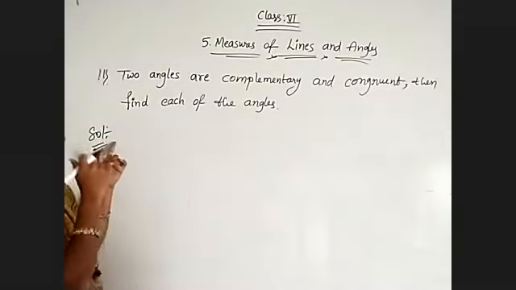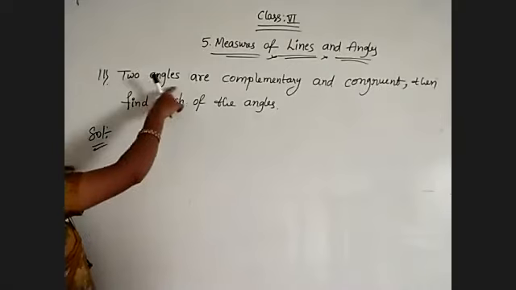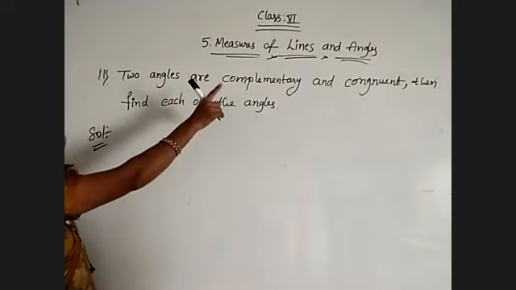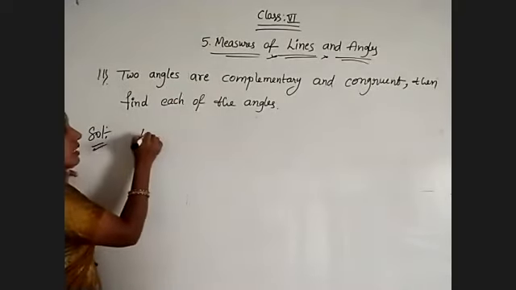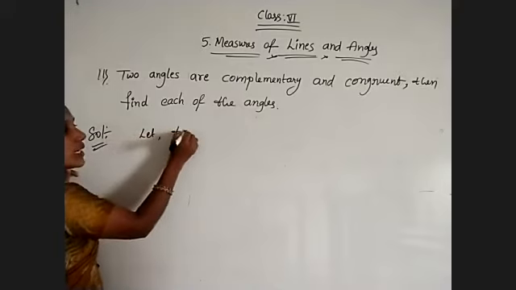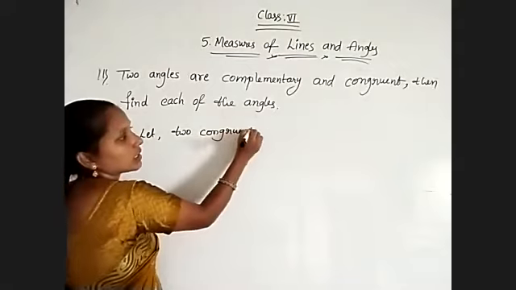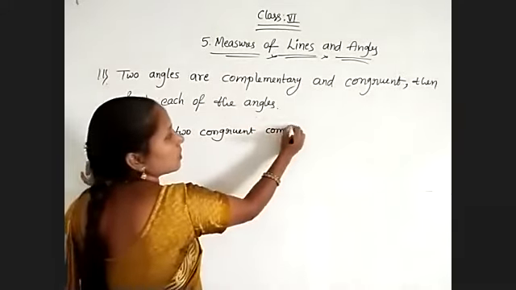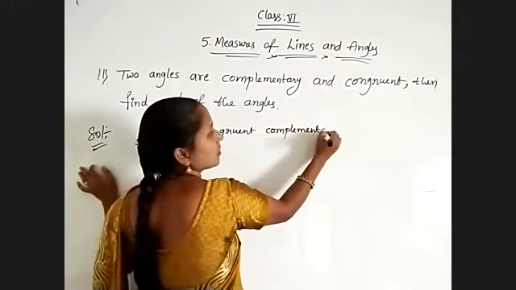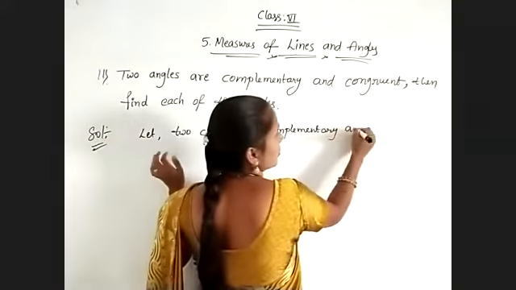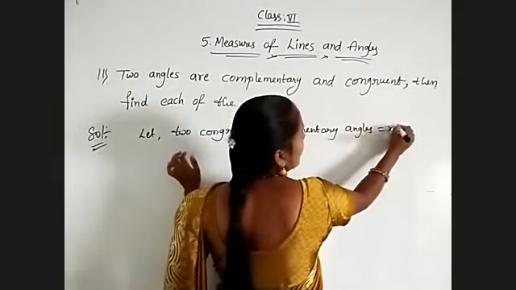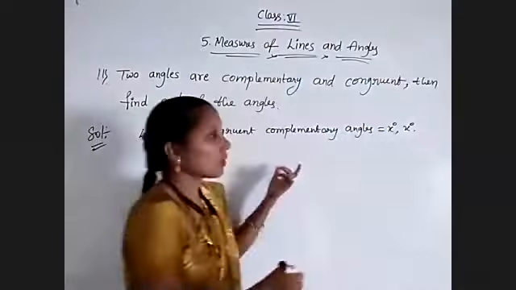Now, coming to the solution. They are given that two angles are complementary and congruent. So let the two congruent angles be x degrees and x degrees. Congruent means equal.